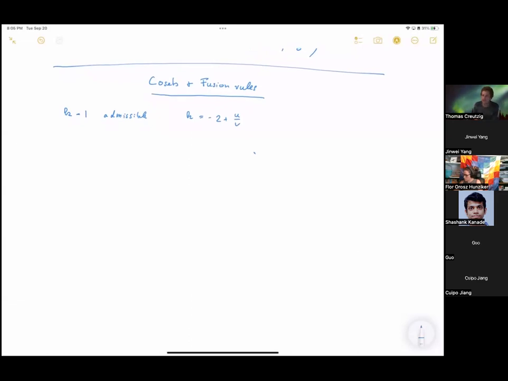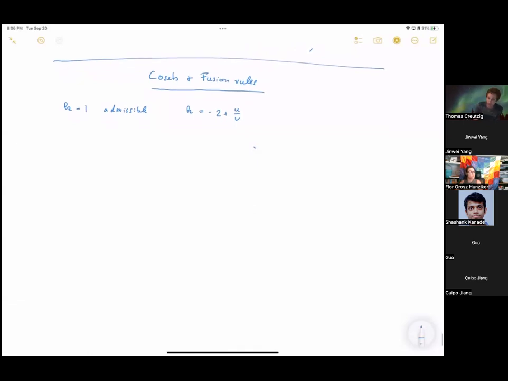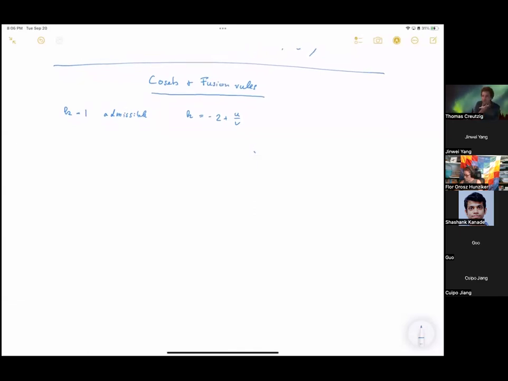Then there is the famous GKO, Goddard, Kent, and Olive, coset theorem. These three physicists found the statement that if you take the affine vertex algebra of SL2 at level k-1, tensor the simple affine VOA of SL2 at level 1, that's just the lattice VOA of the root lattice of SL2, then you have a diagonal action at level k. One can ask, what's the coset, the subalgebra that commutes with this diagonal action?